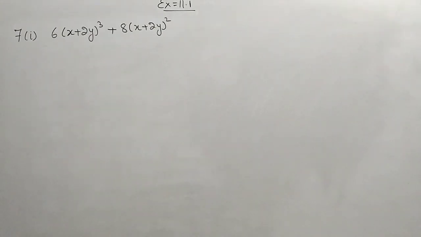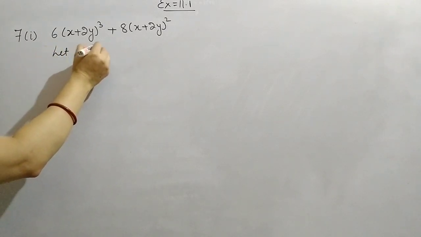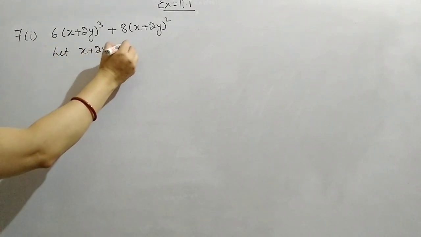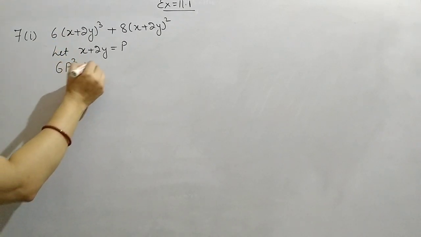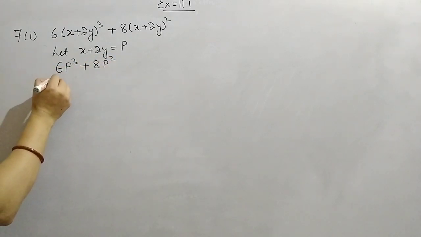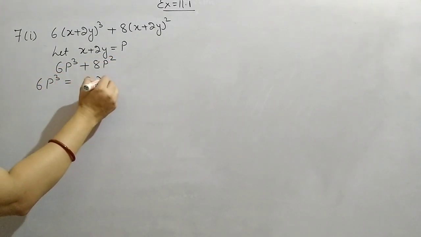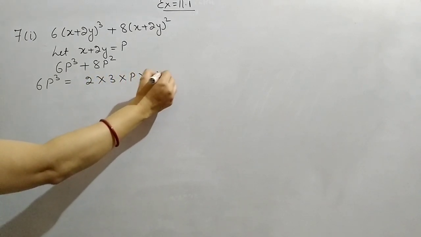Next is seventh one, first part: 6(x plus 2y) whole cube plus 8(x plus 2y) whole square. Let this bracket x plus 2y be equal to p. Then we can write it as 6p cube plus 8p square. If we factor 6p cube, we get 2 into 3 into p into p into p.